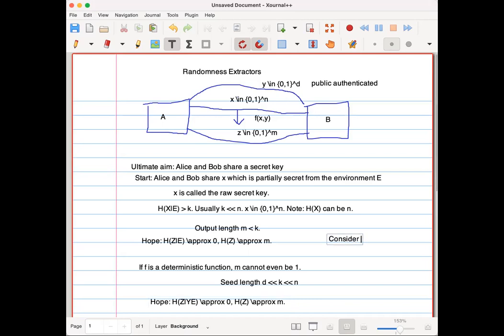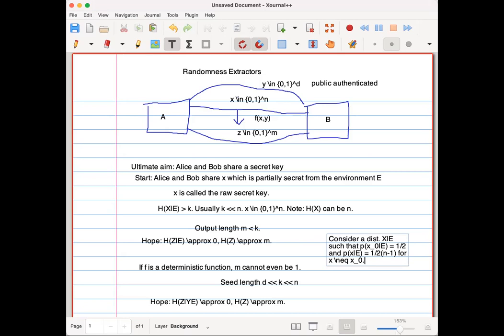Consider a distribution of X given E, such that... Let me explain.